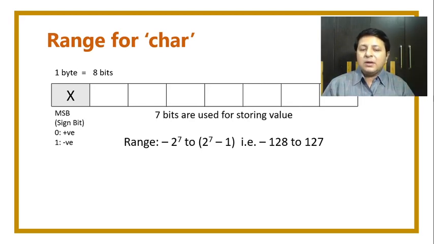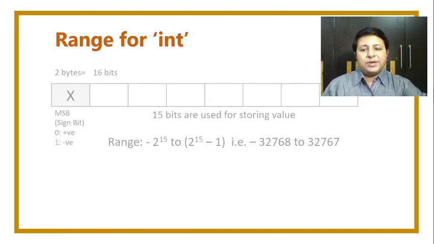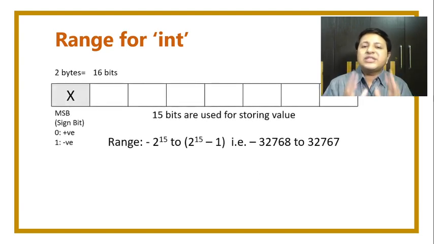Now with the same concept, you will be able to understand the determination of the range for int data type. Int will have 2 bytes of memory, and 2 bytes will be 16 bits. Again 1 bit will be stored as a sign bit, the MSB.